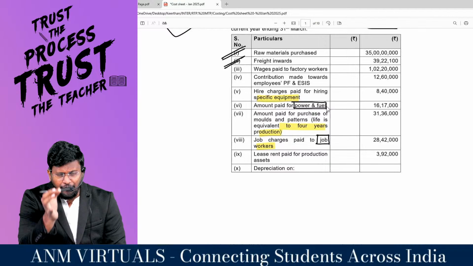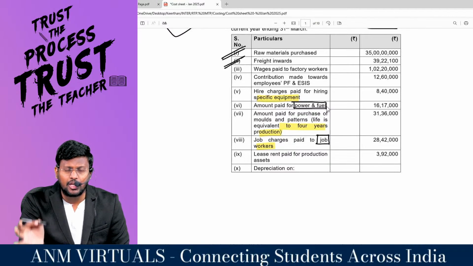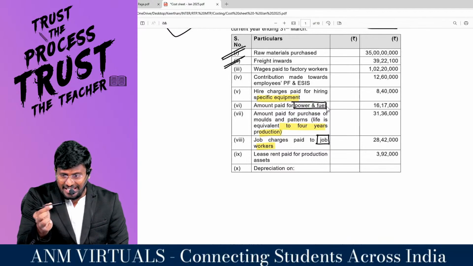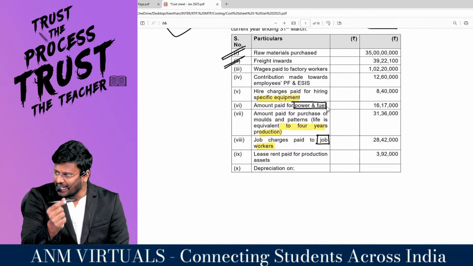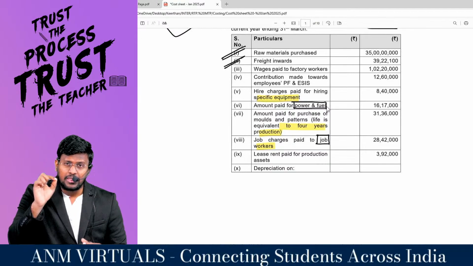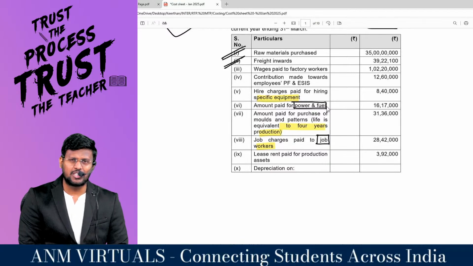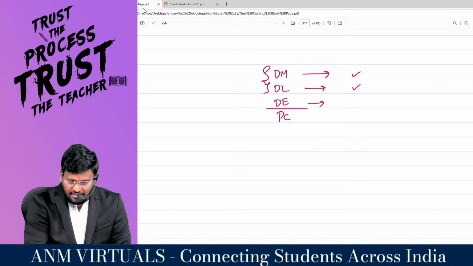So for every pen I manufacture in India, I have to pay a royalty on production. Is it direct material? No, I can't see that royalty here. Is it direct labor? No, I can't see it on this pen. Without paying royalty to my holding company, I can't manufacture such a product. So such an item will be called a direct expense.